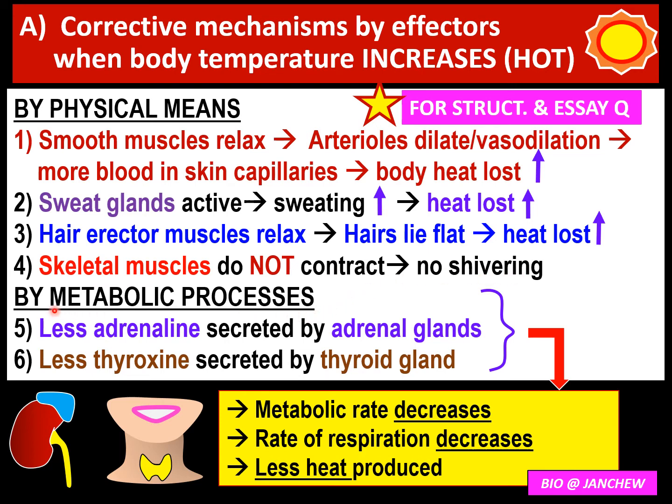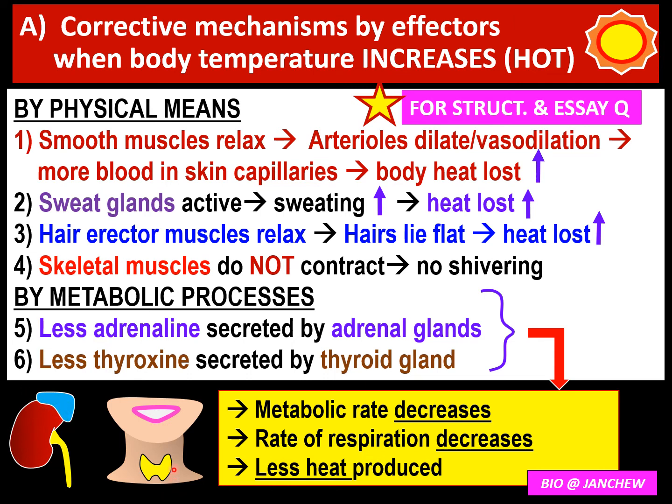What are the ways of temperature regulation by metabolic processes when a person is feeling hot? This involves the glands, the adrenal glands and the thyroid gland. Adrenal glands are a pair of glands just above the kidney, more or less triangular in shape.